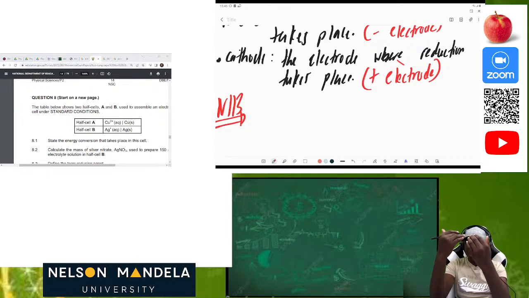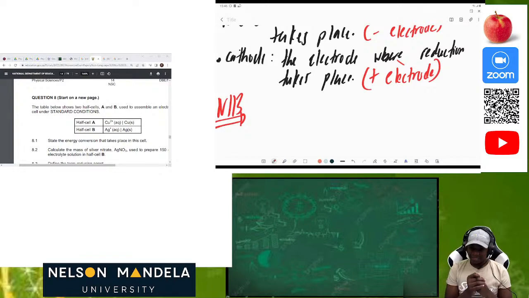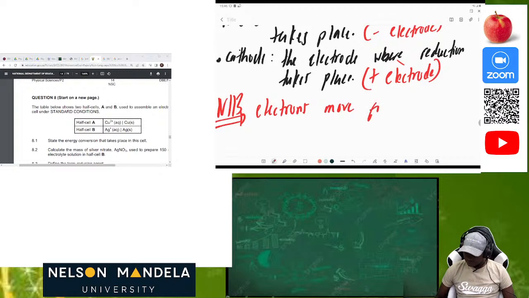So in other words, the cathode will be reduced. That's why it works hand in hand with the oxidizing agent, and the anode has been oxidized. So this is so important: the electrons move from anode to cathode.